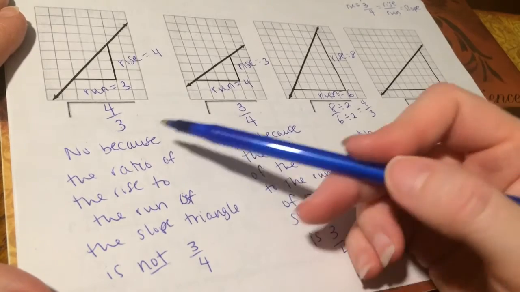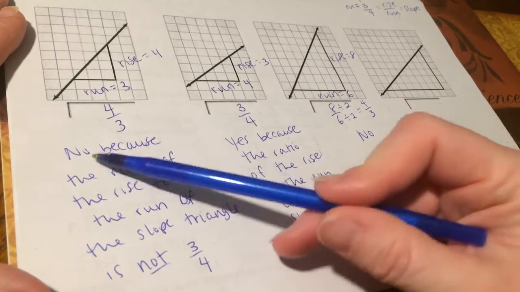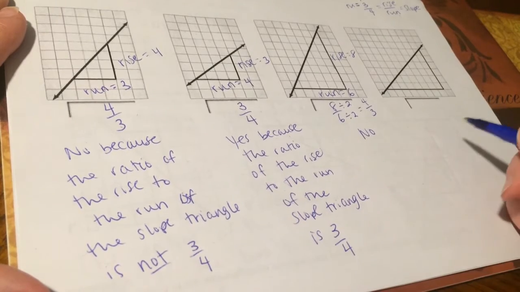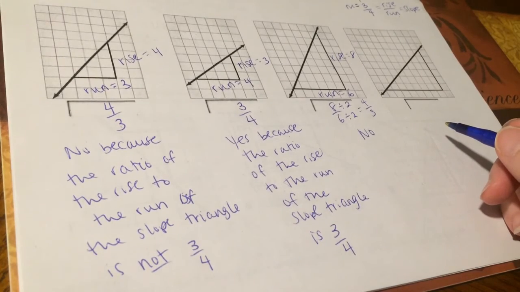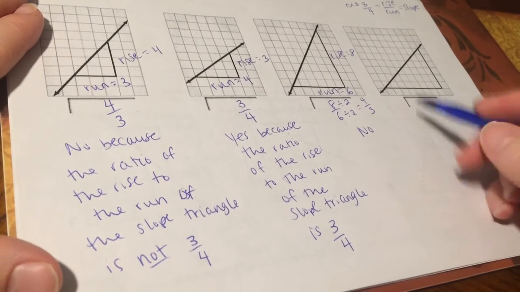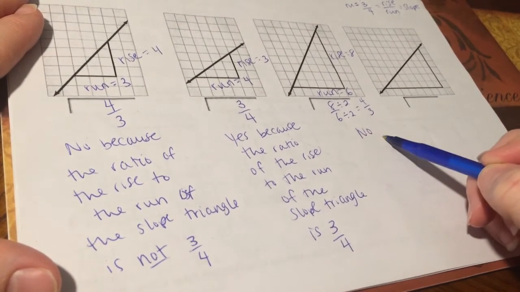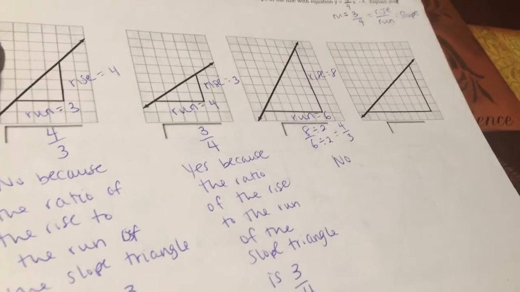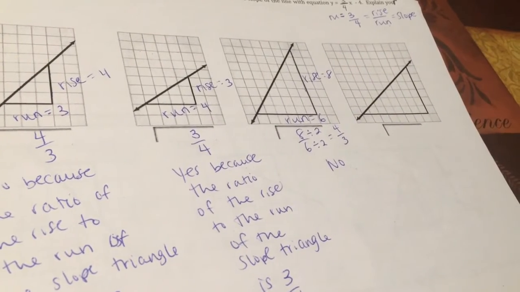This one relates back to the same reason it's no, because the ratio of the rise to the run of the slope triangle is not 3/4. It has to be 3/4, but in this case it's 4/3 when it's reduced.